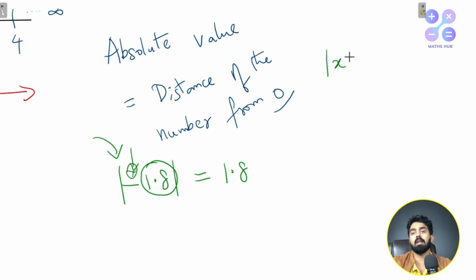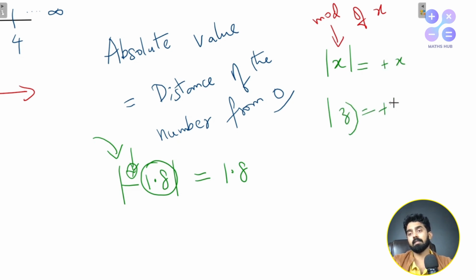So whenever you see something like mod x, this is called a mod, or the modulus of x. We always need to consider the absolute value and not the sign of that number. So a mod of x will always be equal to plus x. A mod of z will always be equal to plus z.